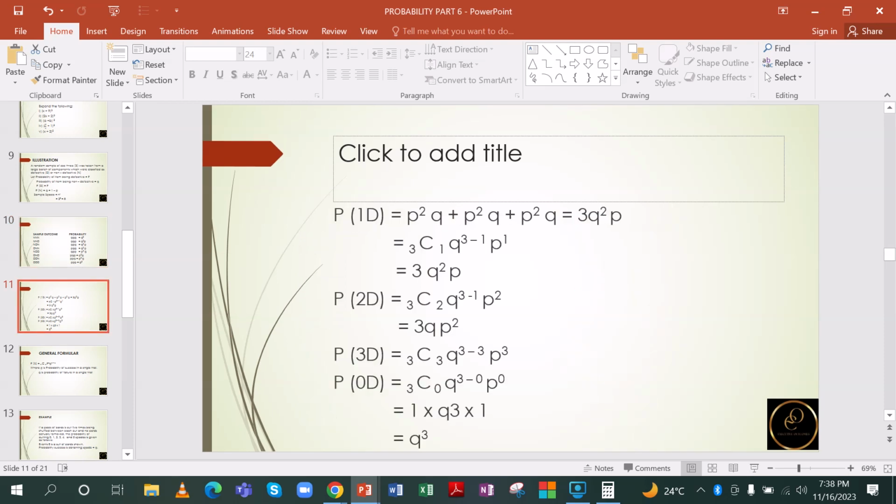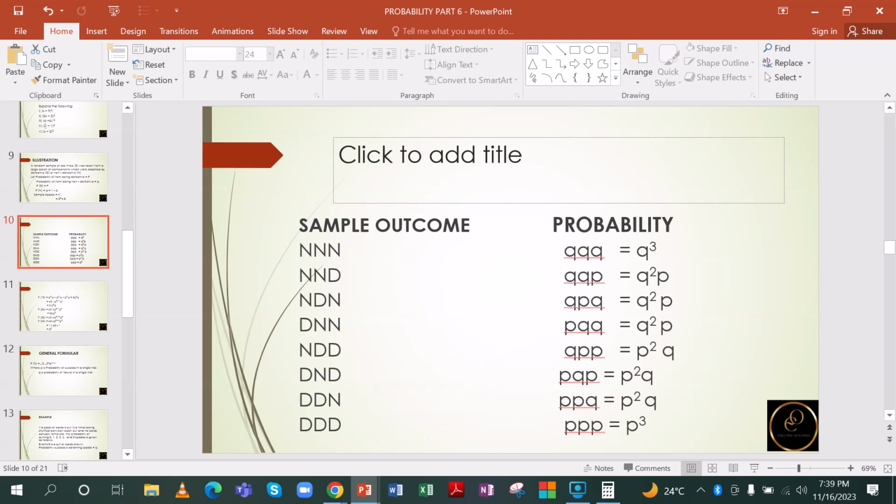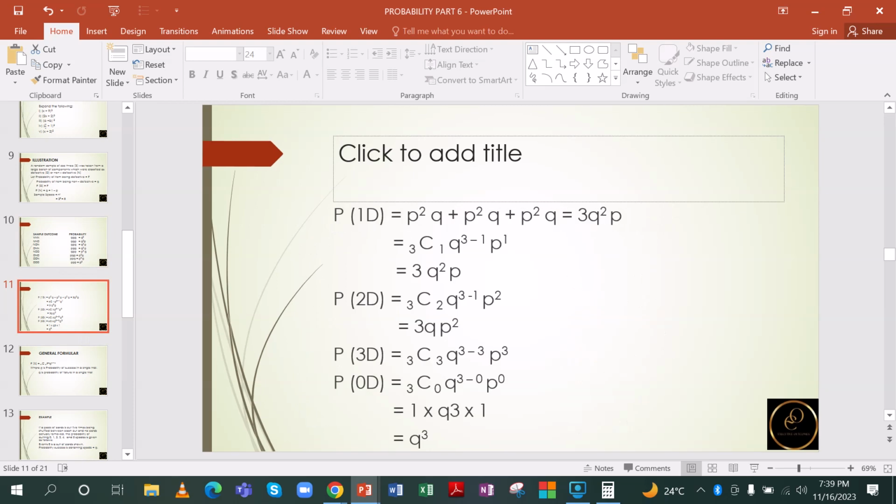So now, when you look at that, we can use the binomial probability distribution to calculate the probabilities as indicated above in the illustration. So let's go back and see how this was done. In the first case, we are looking at the probability of one defective.